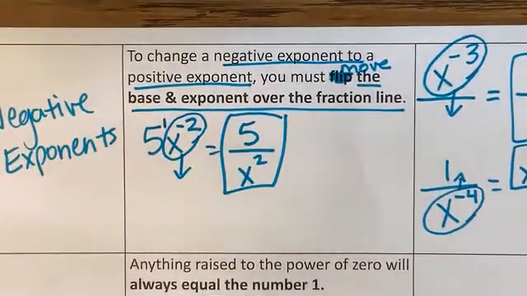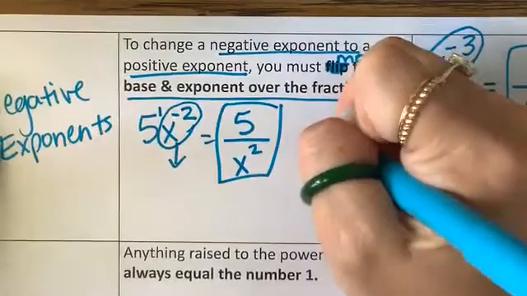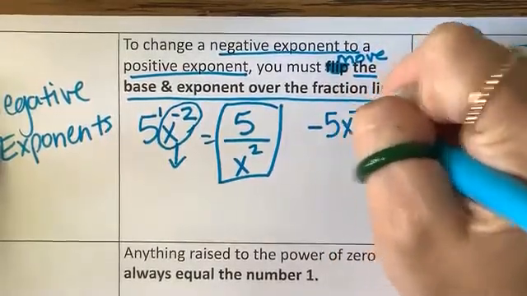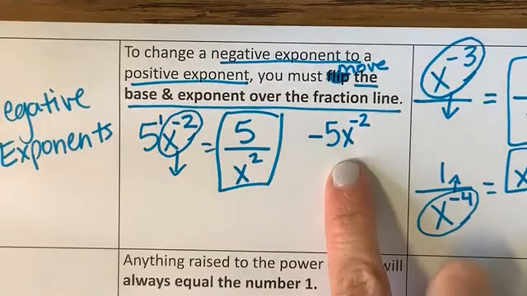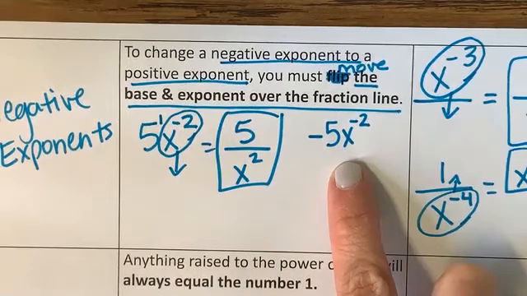What about negative 5x to the negative 2? Negative 5x raised to the negative 2. The exponent is still 1.